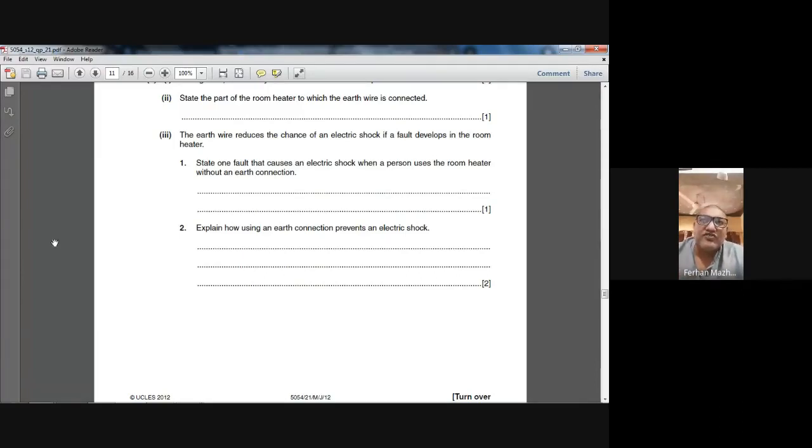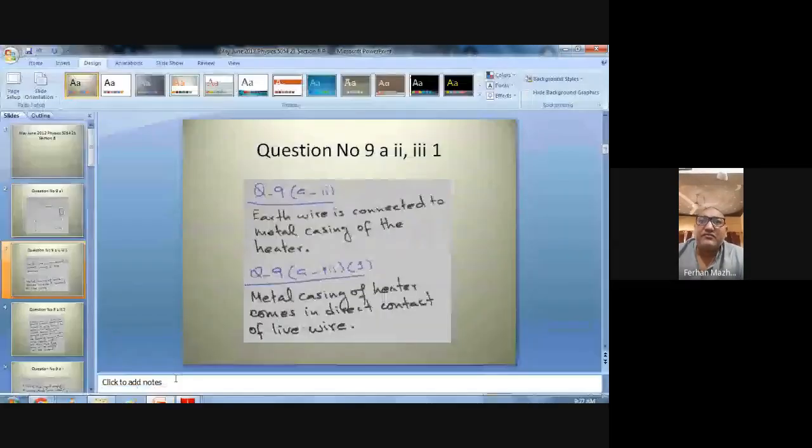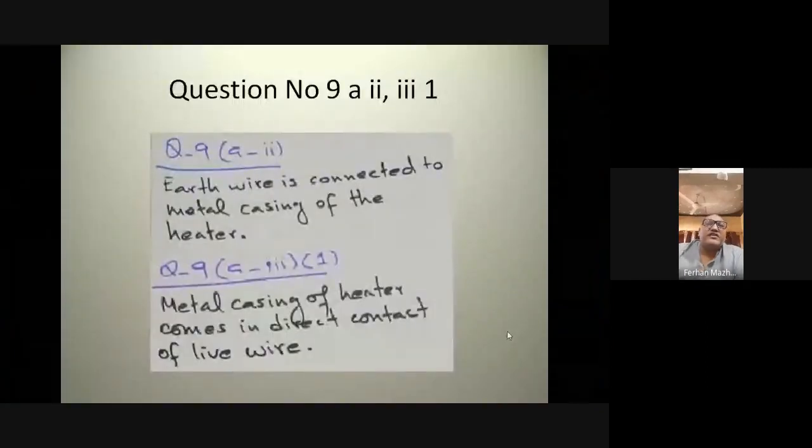He will get an electric shock. I've written this answer. Let me show you my answer. So on your screen: metal casing of heater comes in direct contact with the live wire. You can also write a few more lines: the metal casing of the heater comes in direct contact with the live wire, the metal casing will also become live, so if somebody touches it, he will be electrocuted.